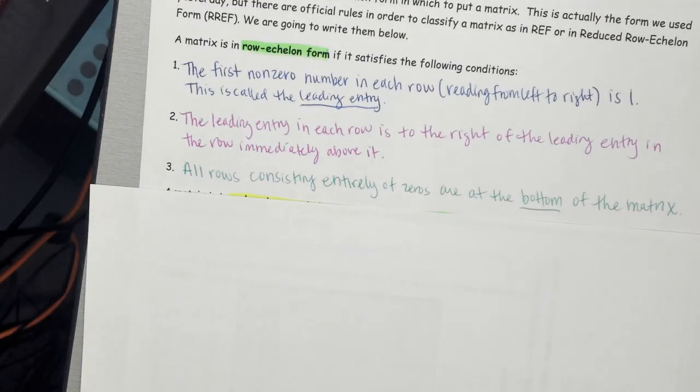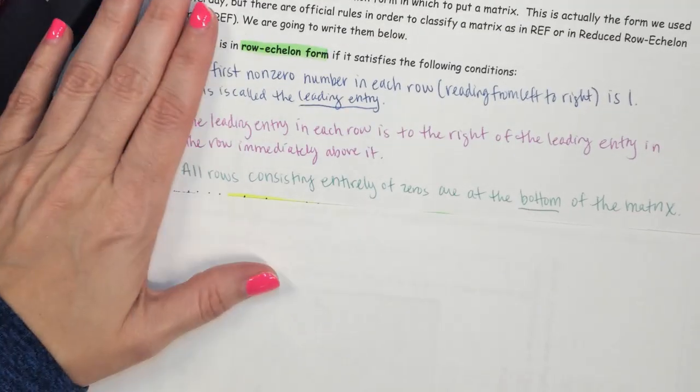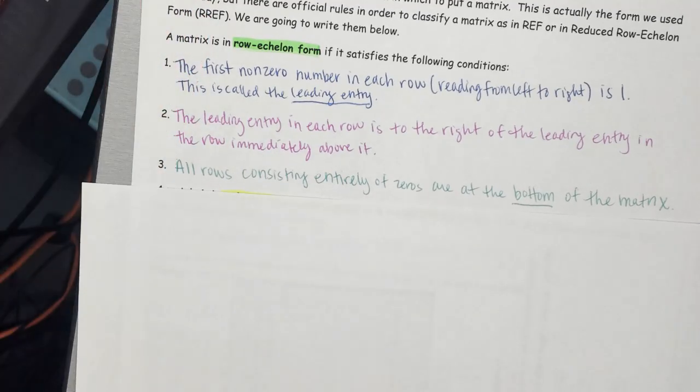And then sometimes we're going to get rows that consist entirely of zeros. Those are going to be at the bottom of the matrix.